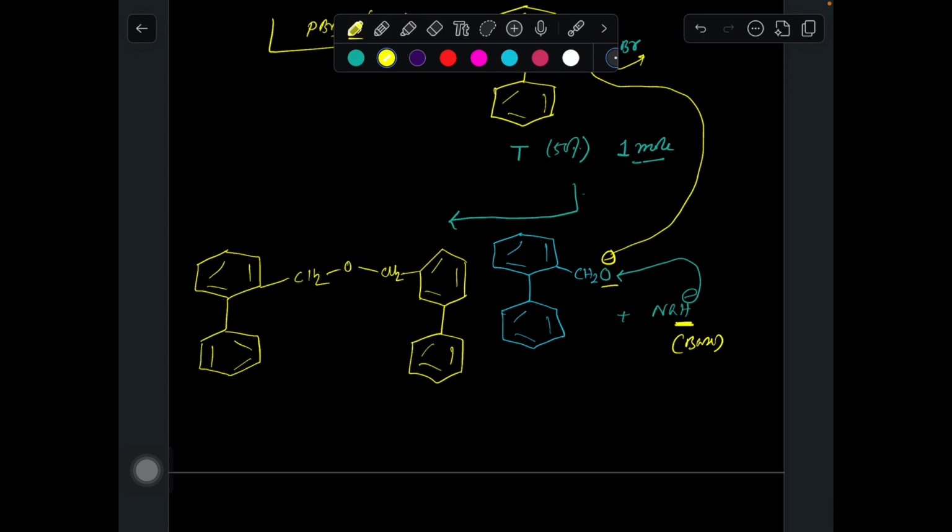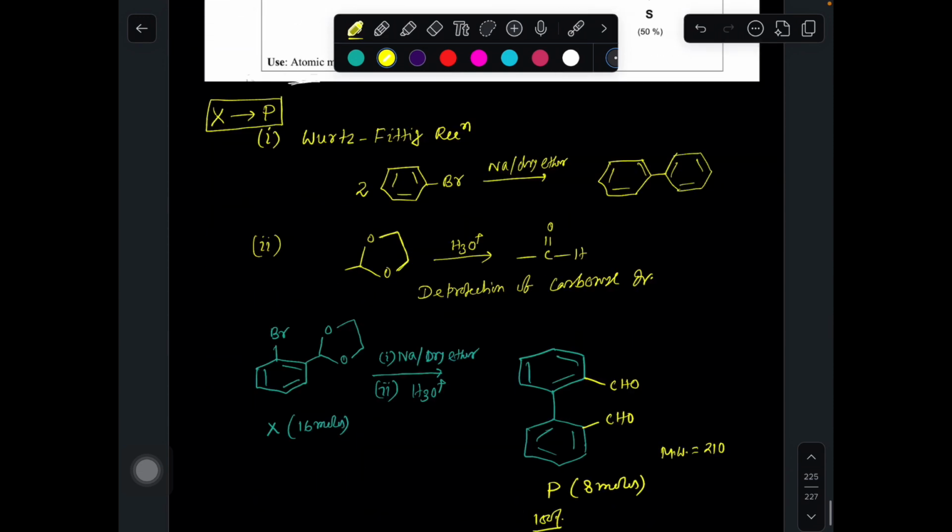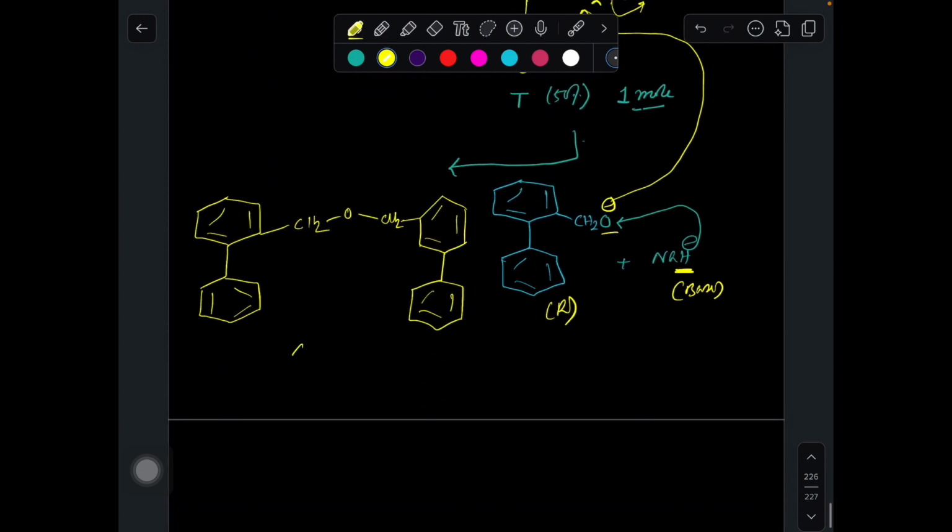And in this step also it is 50%, that means you will get, this is the final product, I think this is S, and it is also 50% given, so you will get only S as 50%, half moles. So the final product S is half moles.